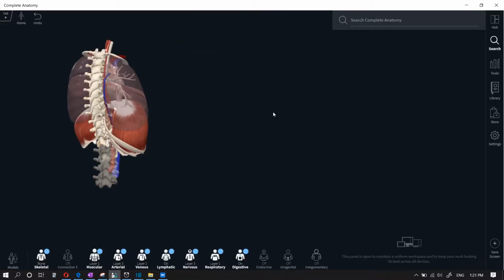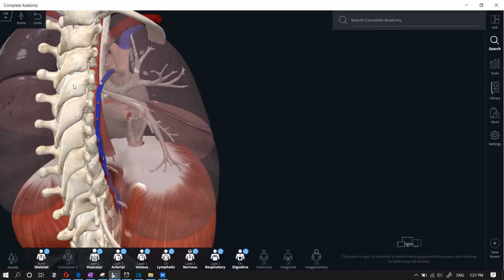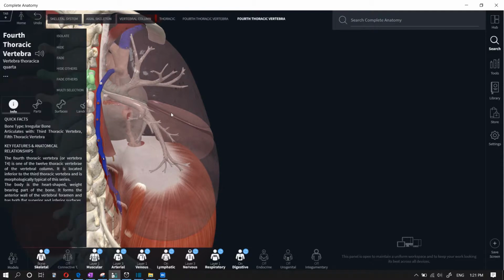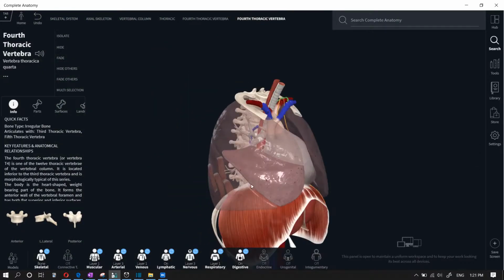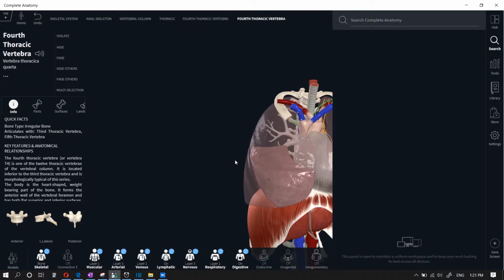Let's look at how the oblique fissure, the major fissure, is projected. On the posterior side, it starts approximately at the level of the inferior border of the fourth thoracic vertebra, T4, and goes all the way to the anterior side, takes a U-turn, and approximately at the level of the sixth costal cartilage it meets the horizontal fissure right here, then goes posteriorly downwards.